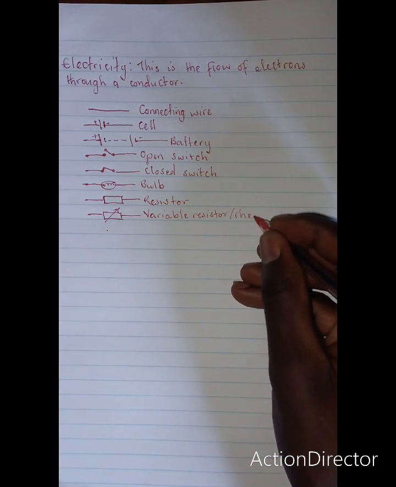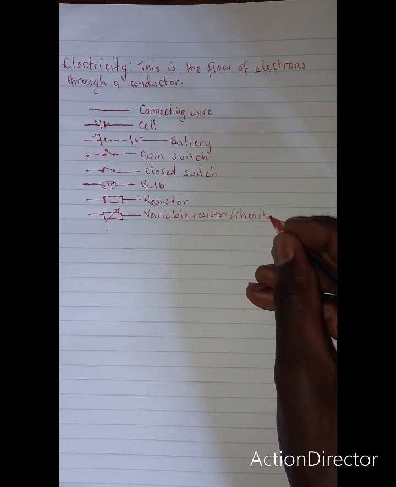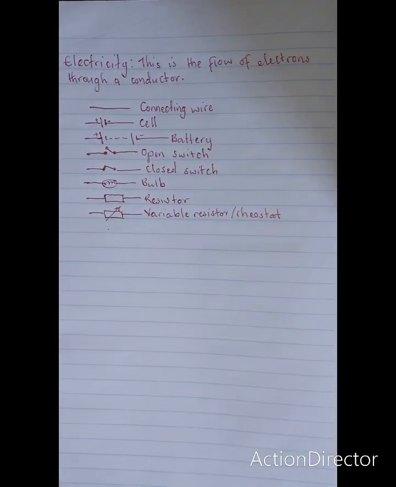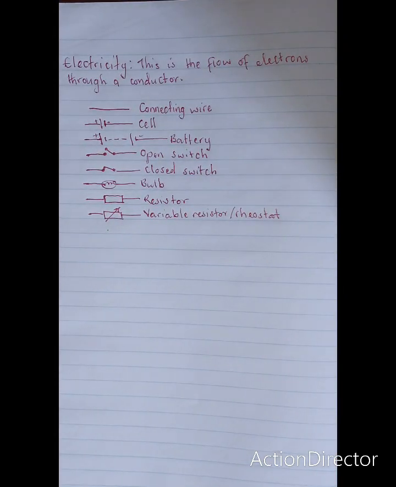So these are some of the common circuit symbols which we are supposed to know. There are a lot, but these are the common ones. Now we'll be able to continue.